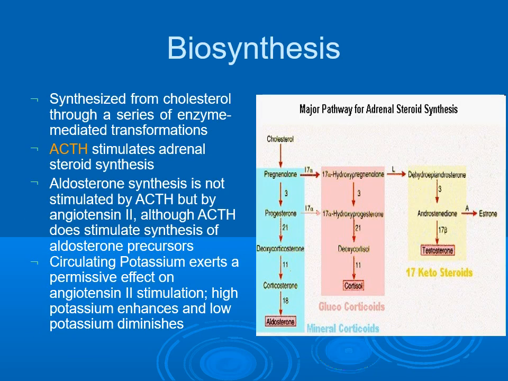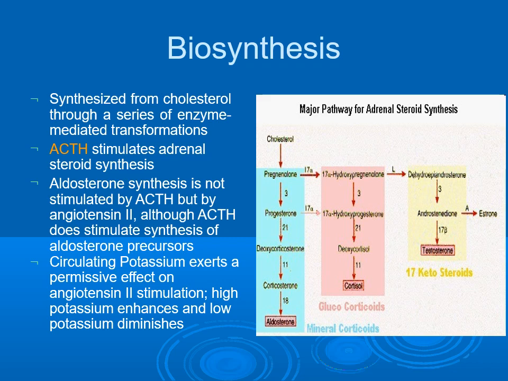Let us see biosynthesis of corticosteroids. In this figure, you can see the major pathway for adrenal steroid synthesis. Corticosteroids are synthesized from cholesterol through a series of enzyme-mediated reactions. ACTH stimulates adrenal steroid synthesis.